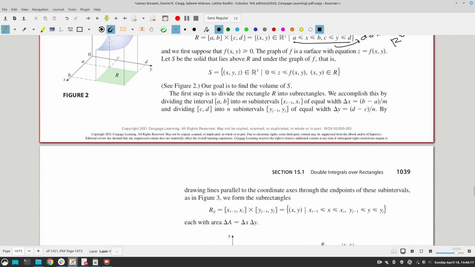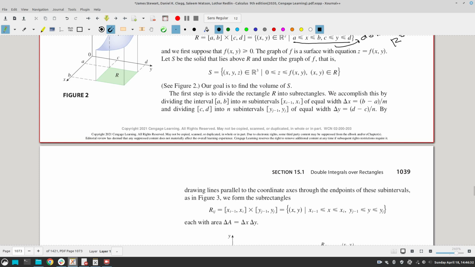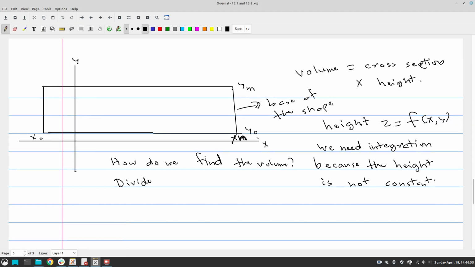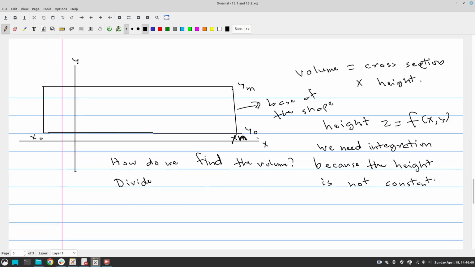So the idea is to divide. Let's call this region D. We want to divide D into small rectangles.